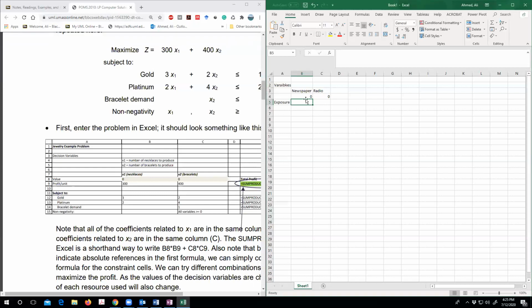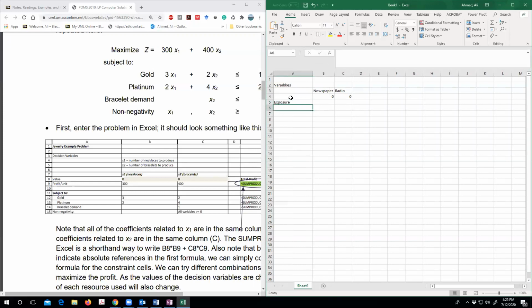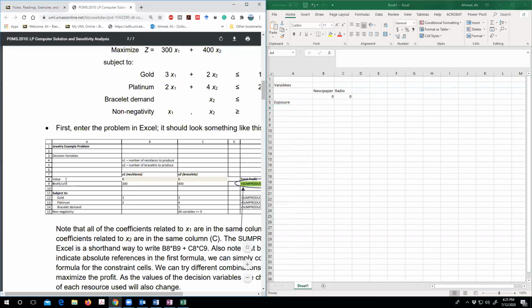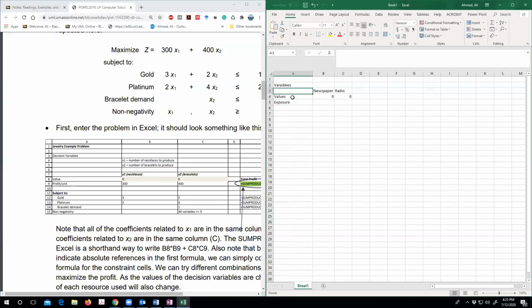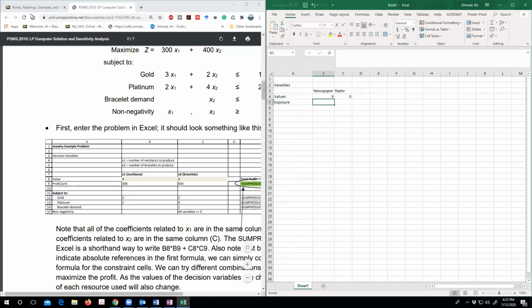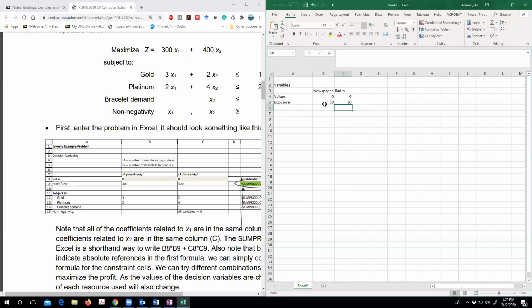So we have exposures. I'm just following this example technically. These are the changing values of newspaper and radio and exposure. This will change our exposure, we had 50 and 80. We have to change these values, and this is our maximum exposure we can get.